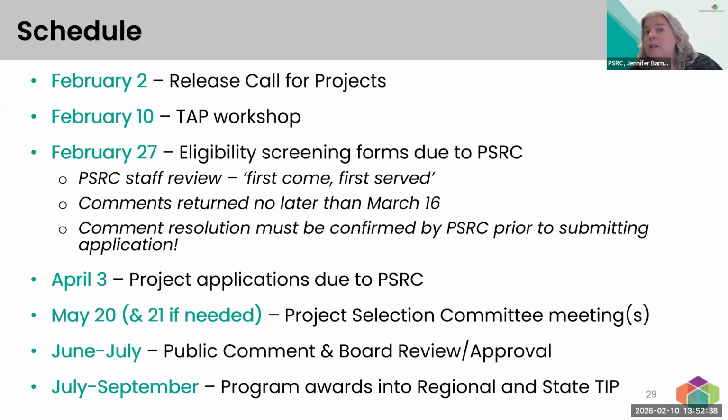The obligation can start at the beginning of the fiscal year. So June 1st is the latest that funds could be obligated, but for a project with 2028 funds, those could be obligated, or at least submitted for obligation, as early as October of 2027, because the 2028 fiscal year starts in that previous October.